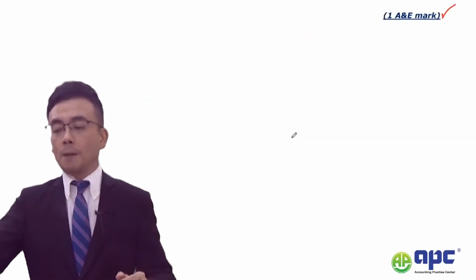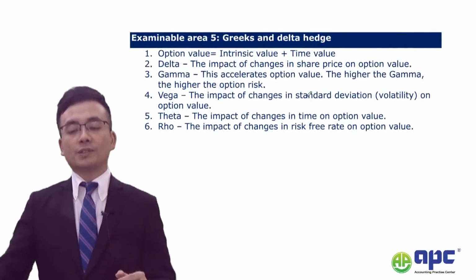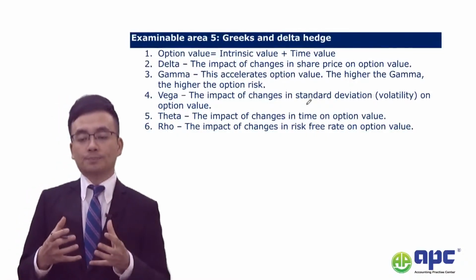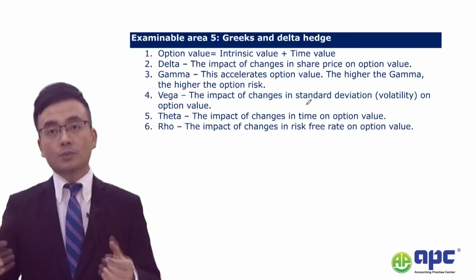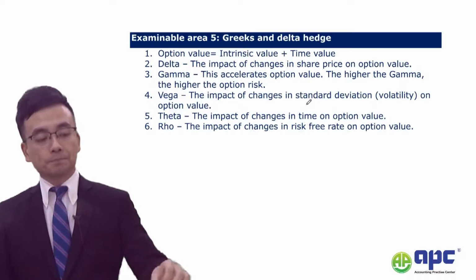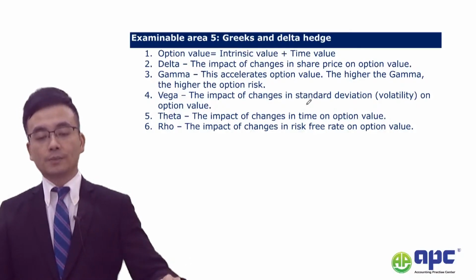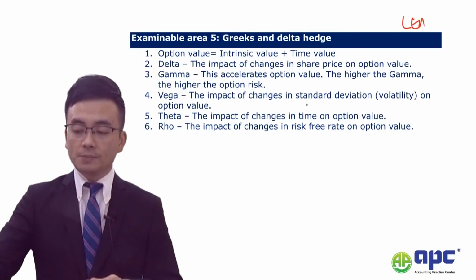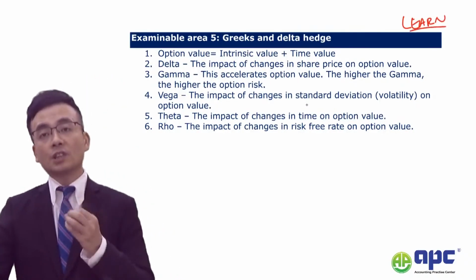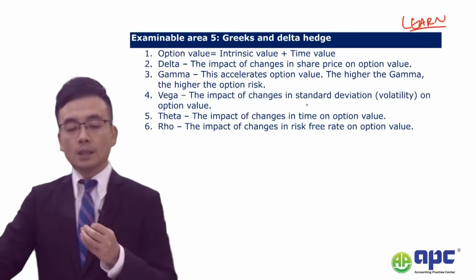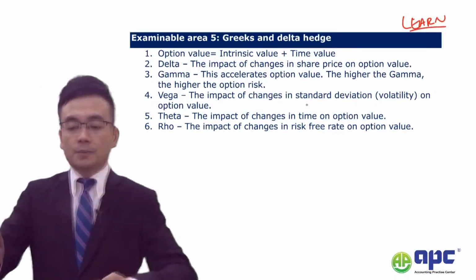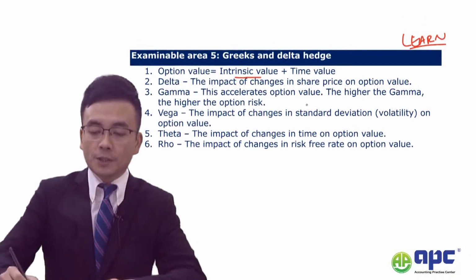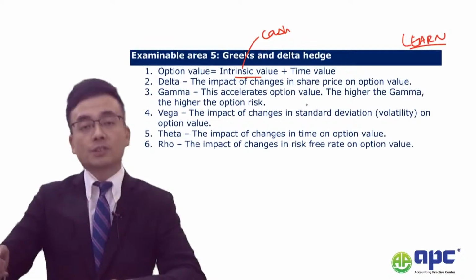Now, moving on. By revising options, we also need to know about Greeks and delta hedge. Although this is not highly examinable, you'll need to watch out, because I want you to learn all of these using your own words. So firstly, the option value not only includes intrinsic value, which means the value in cash, what I can get.